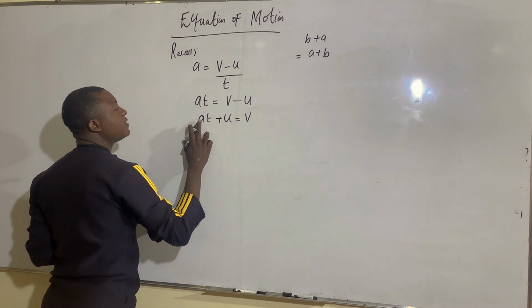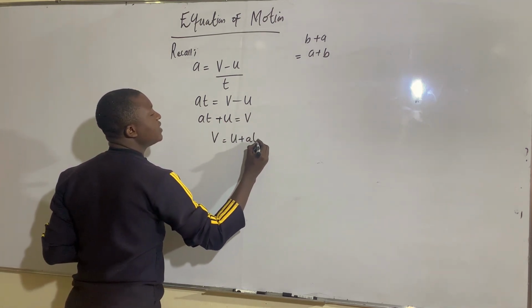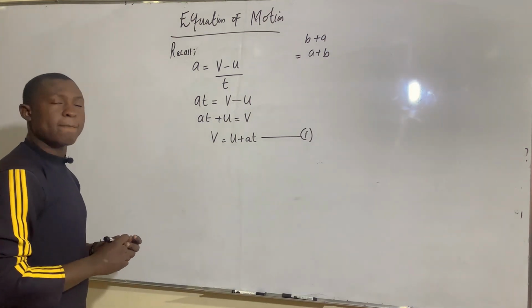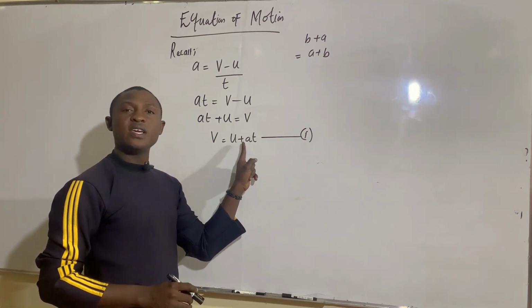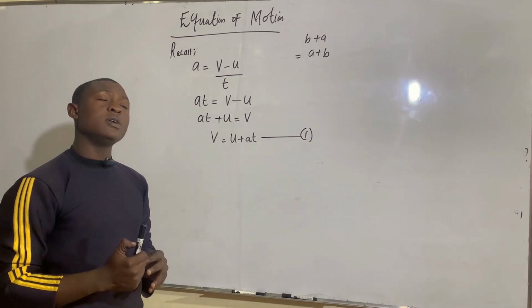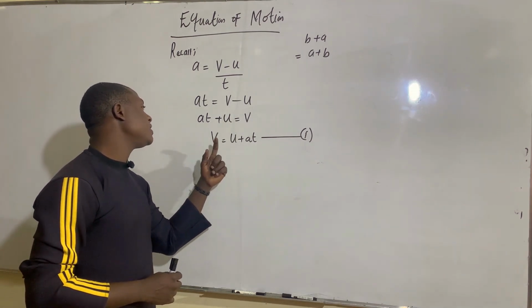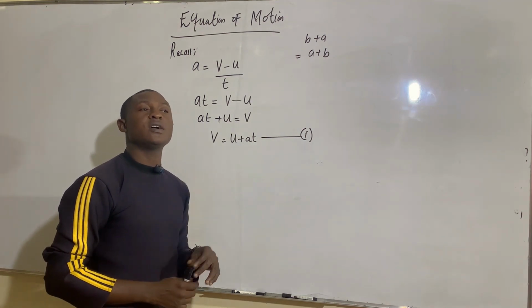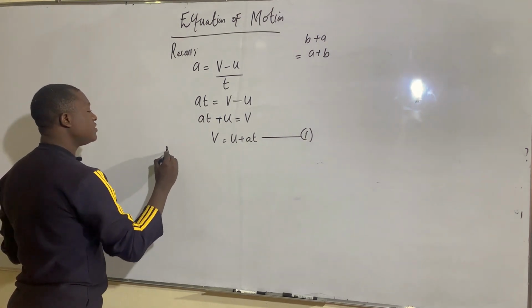So if I have at plus u, I can still write it as u plus at. So this is the first formula for equation of motion, that is v equal to u plus at. This is our equation 1. So that means if I am asked to find a particular quantity, and I see that it relates to the velocity, the initial velocity, the acceleration and time, I can make use of this first formula here.